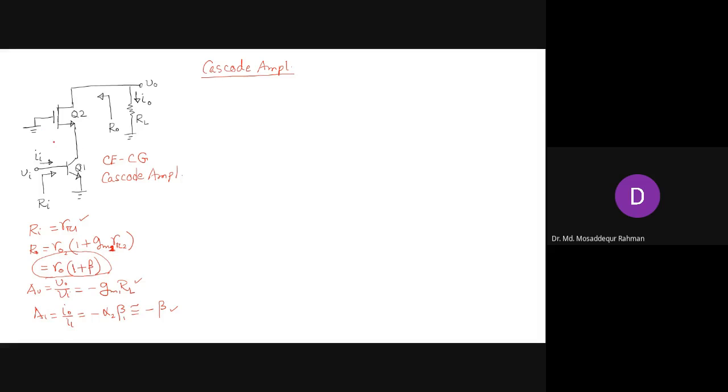Right? The gate is grounded. The common emitter, common gate cascode amplifier, also known as the BiCMOS cascode amplifier.